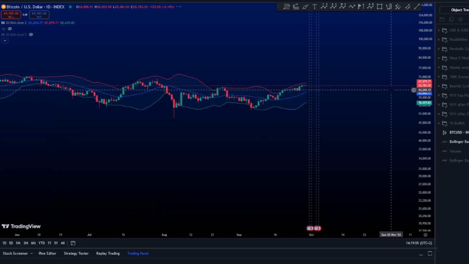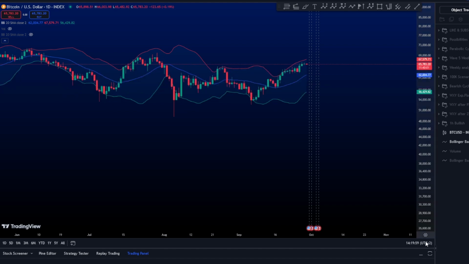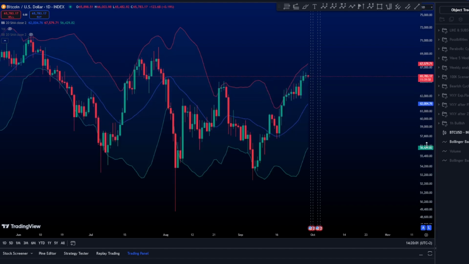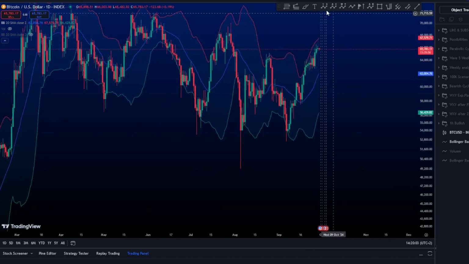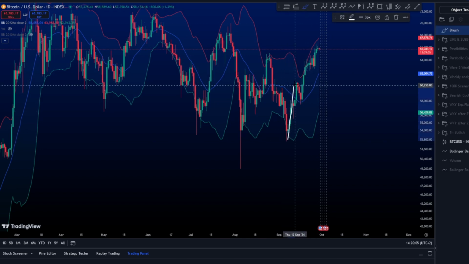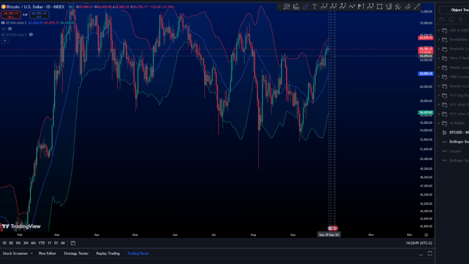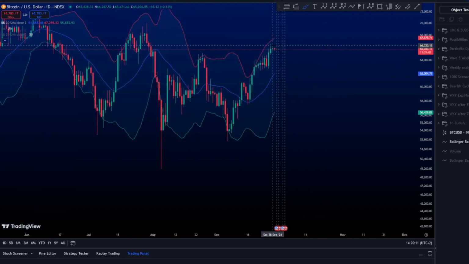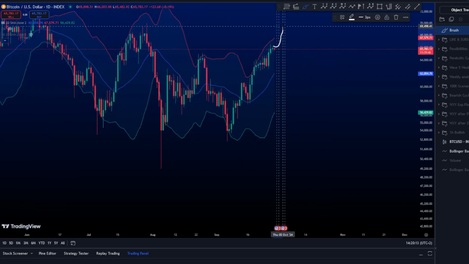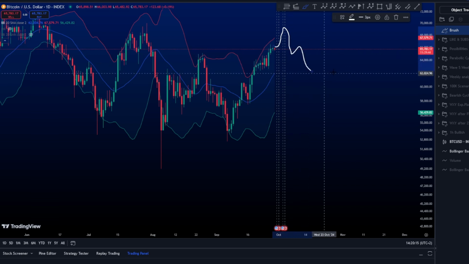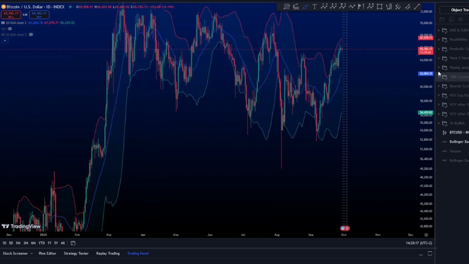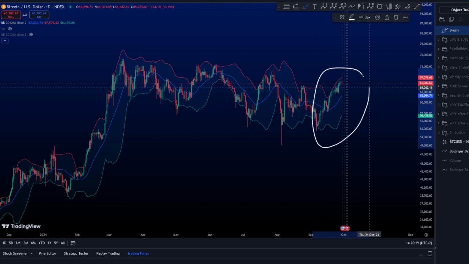On the daily chart, we can see that, of course, yes, things are even going higher. So we can see that we already start to stretch these Bollinger Bands on the upper side, and we need to retest it, of course, before moving down again on the daily chart here. So a very nice indication.